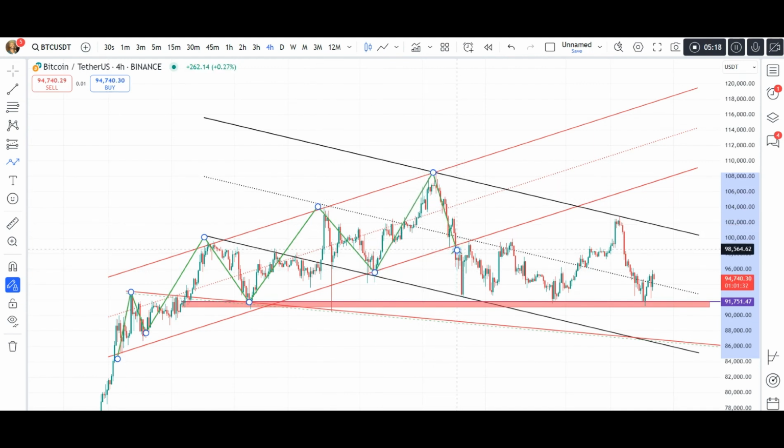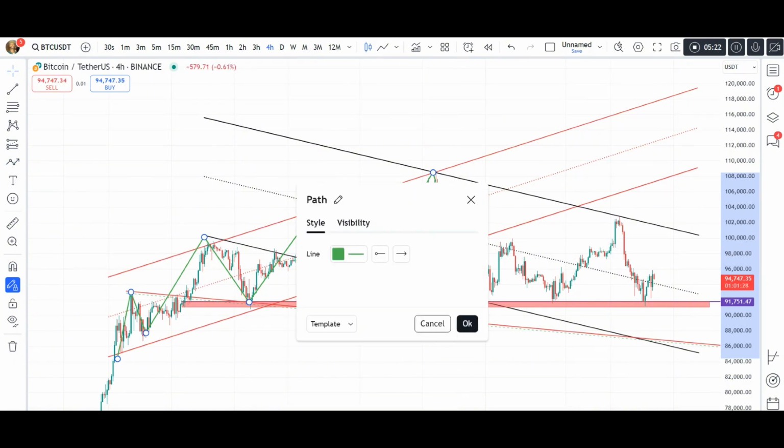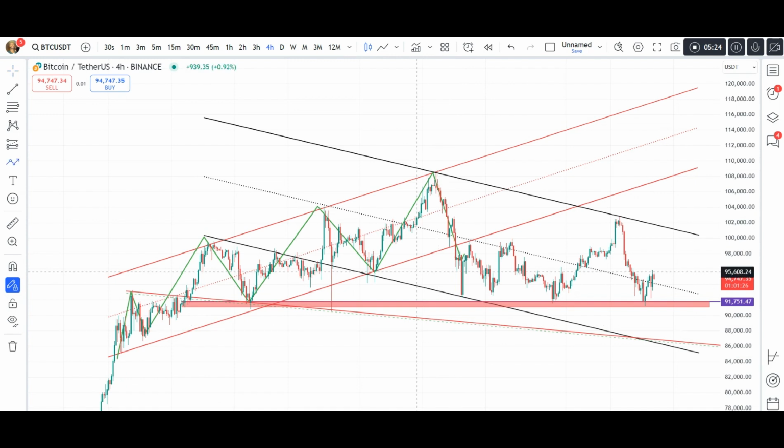And price, in fact, the new low broke out of structure, and after breaking out of structure, price came down and started creating a new channel deviating from the ascending bullish channel. Now we have a bearish channel.